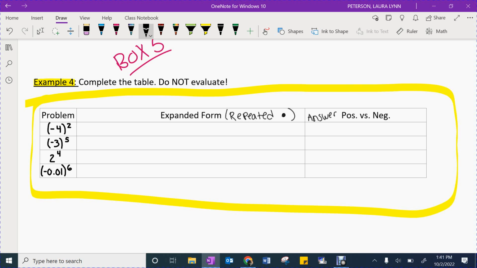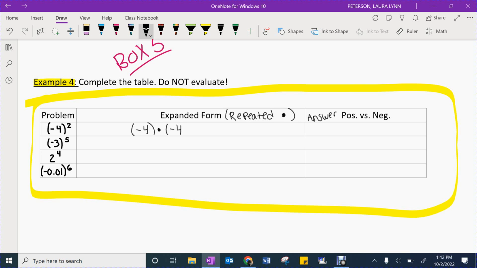So -4 squared. Well, -4 is our base. It's the big bottom number. And according to our very beginning, box 1, big bottom numbers or bases is what repeats. Your exponent, or extra small number in the corner, in this case 2, tells you how many times it repeats. So to write out -4 squared, I'm going to keep it in parentheses. This means that -4 gets repeated with multiplication 2 times.